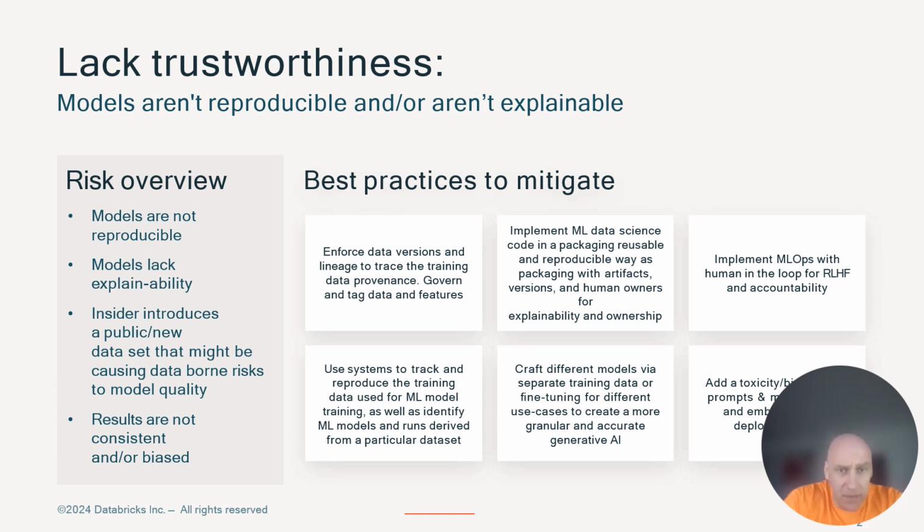When we're talking about trustworthiness problems, not all of them are security problems, because if results are not consistent or biased, it's hard from a security engineering point of view to think about how this could be prevented or improved, because it becomes a wider business decision. That's why I always say AI development shouldn't be just left in engineering hands.